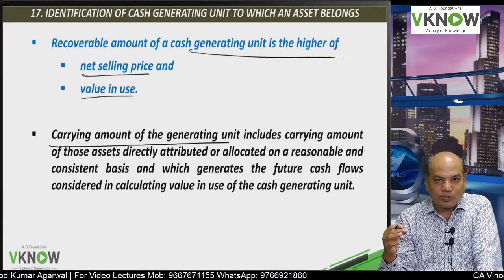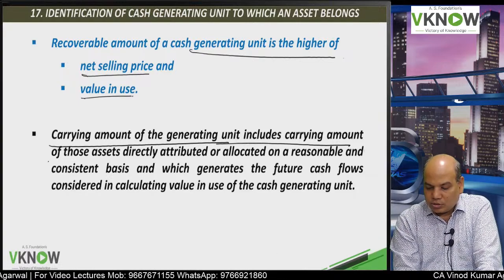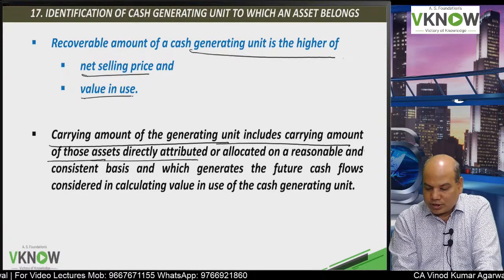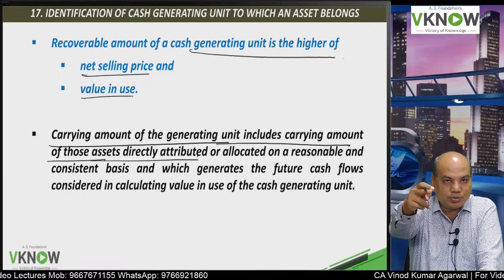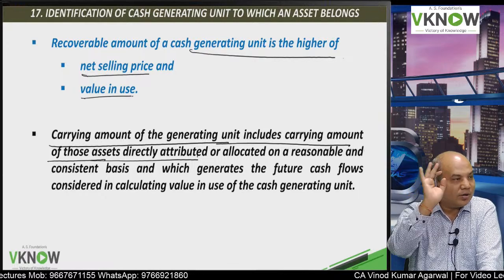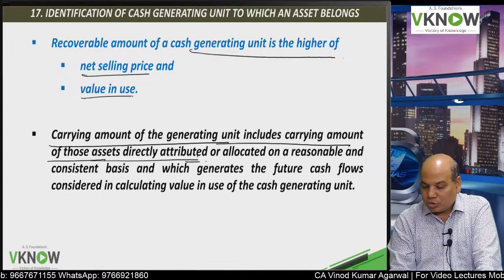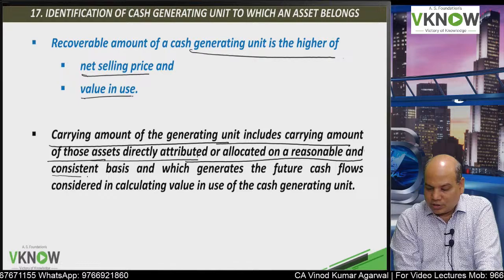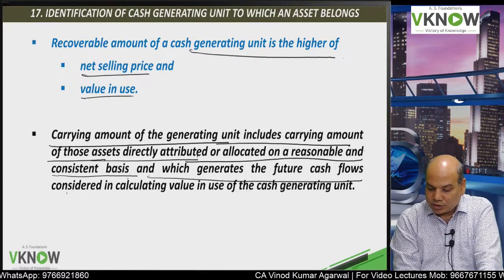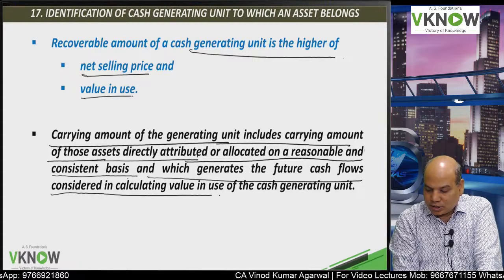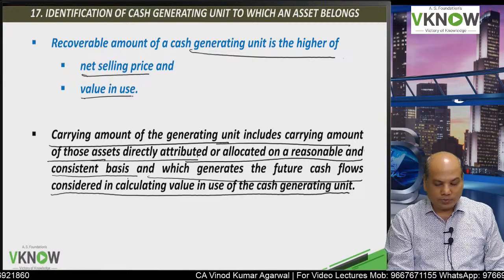So in order to compute the carrying amount of CGU, it will include carrying amount of those assets which are directly attributable. This bench, fan, AC, computer, projector, camera and board, these are directly attributable or which can be allocated on a reasonable and consistent basis and which generates future cash flow considered in calculating value in use of the cash generating unit.